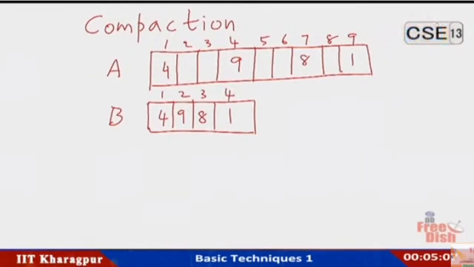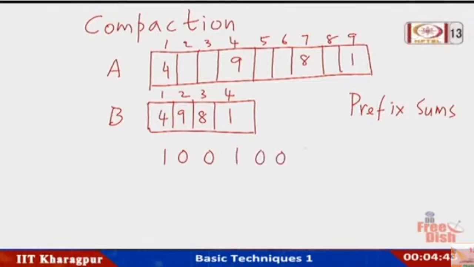How do we achieve this using prefix sums? We can use prefix sums as a subroutine. What we do is this: we take an array of bit vectors, and indicate which positions have useful elements. So this is array C. Array C indicates which positions have useful elements.